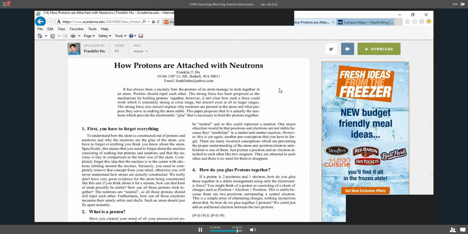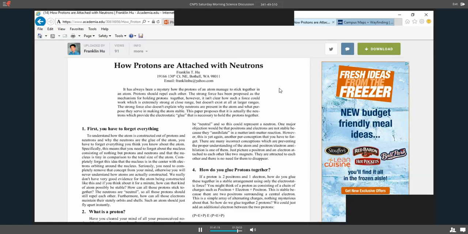Because when they do experiments, they find that there's three things in a proton, and those three things are actually not strongly bound together. So the strong force is very weak at that level, but it's very strong at the atomic nucleus level because it holds all the protons together, but then we don't see it at all outside the nucleus. So what kind of crazy force changes its strength that radically depending on distance?